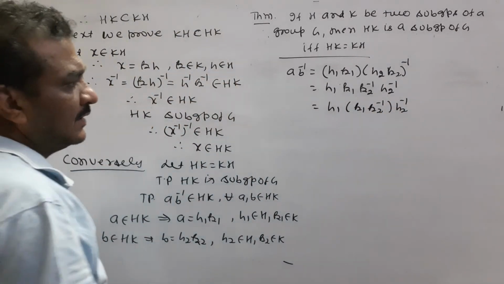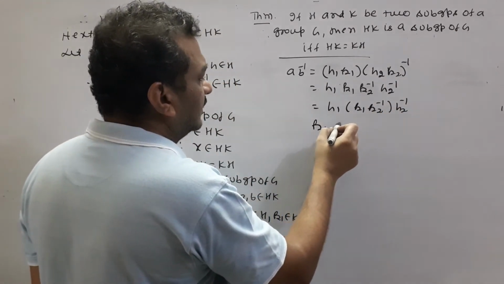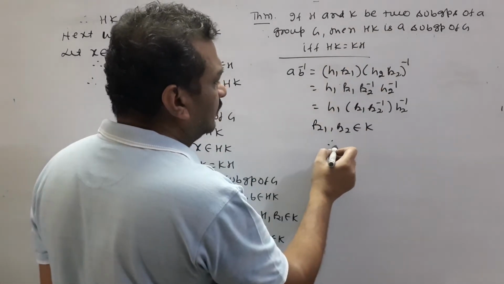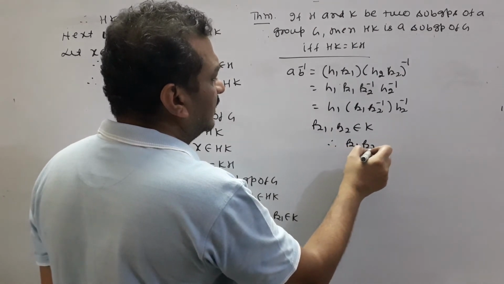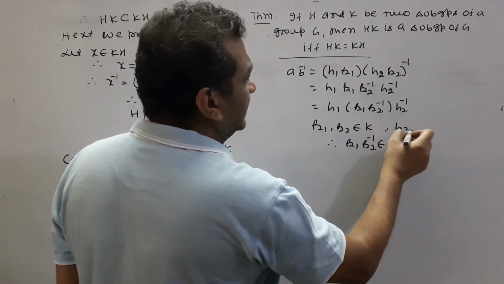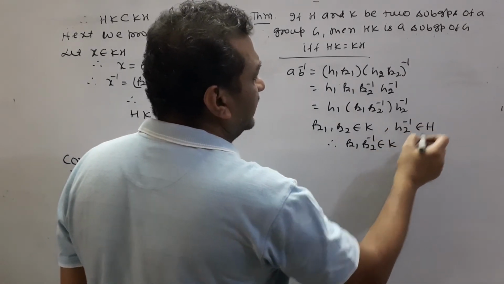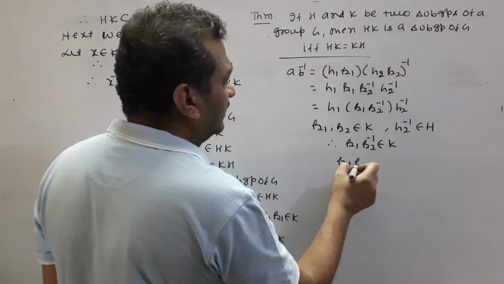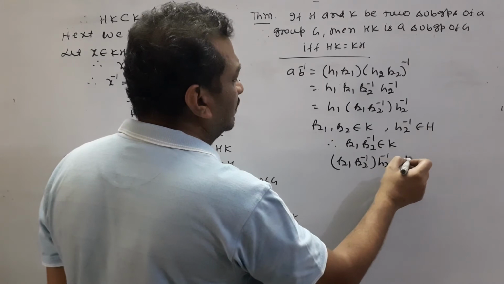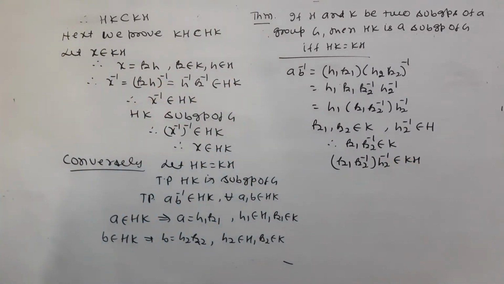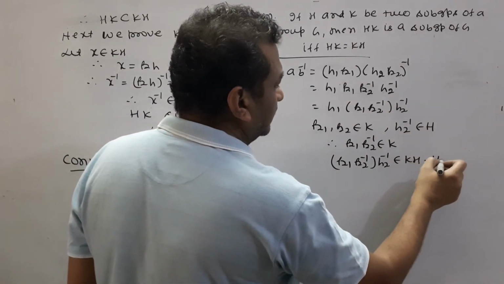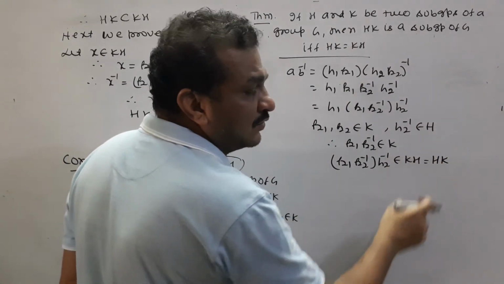Beta, k1 k2 inverse belongs to K. What is K? K is a subgroup. So k1 k2 inverse belongs to K, h2 inverse belongs to H. So k1 k2 inverse h2 inverse belongs to KH. But it is given that KH is equal to HK. So this element belongs to HK.